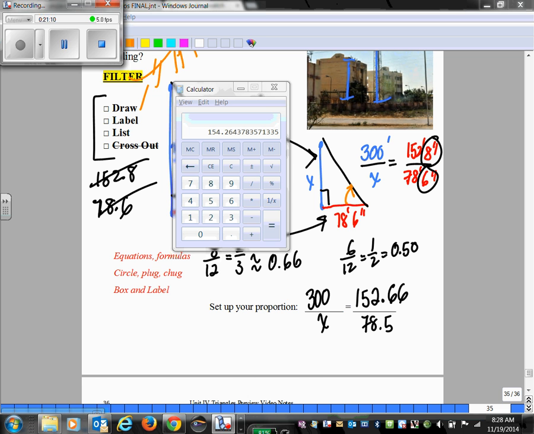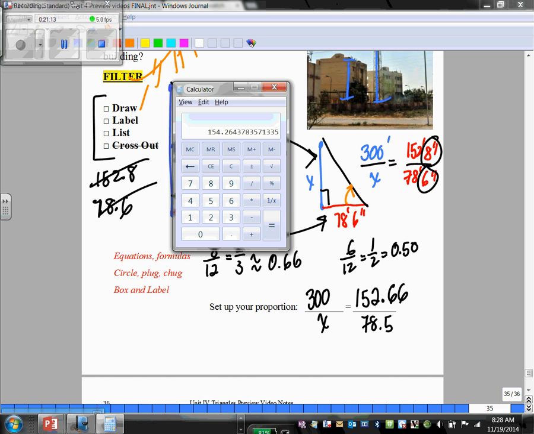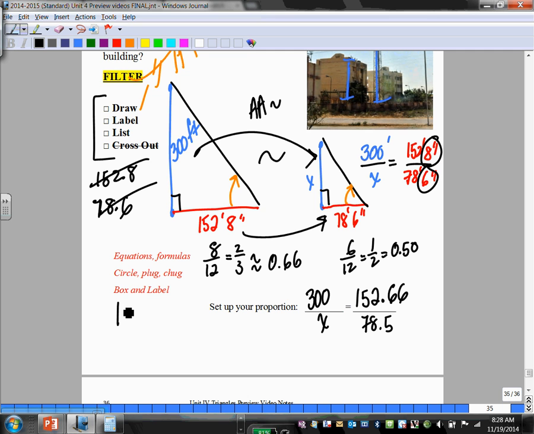So students, we have 154.26 feet. That's our height here, but we're going to change that feet again into inches, because that was our original unit. So we do 26 over 100, because that's a decimal, is going to be something over 12.